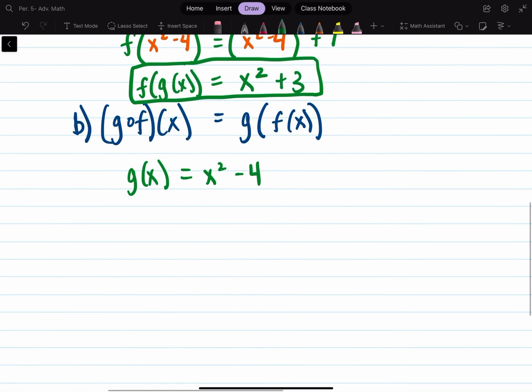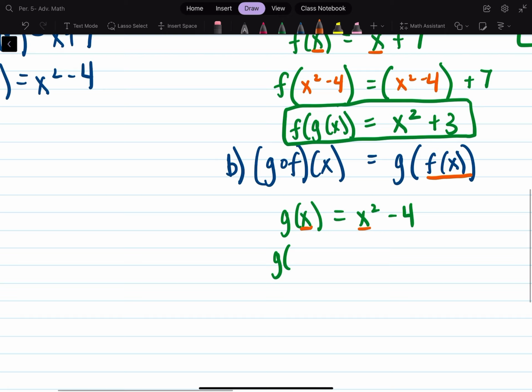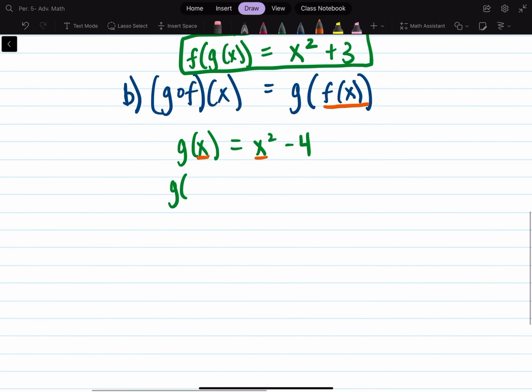And in our function g of x, wherever I see an x, rather than writing my input of x, I am going to input the entire function of f of x. So this will be g of, rather than writing x, I'm going to substitute in f of x. What is f of x equal to? x plus 7. So this will be x plus 7.